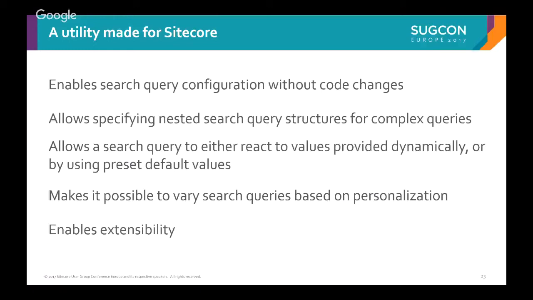So you have the configuration where you remove the code changes. You can specify these complex object or query structures. You can also react to dynamic values or preset values. And it also makes it possible to vary search queries based on personalization. The last piece I also wrote is that it enables extensibility.